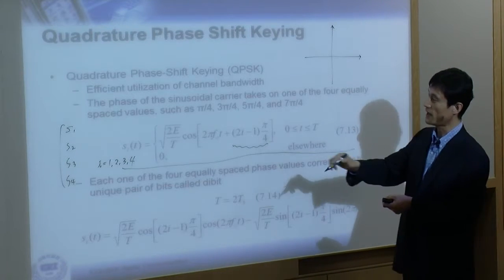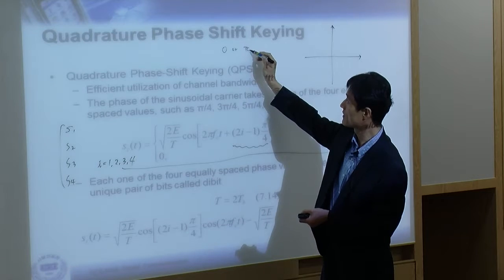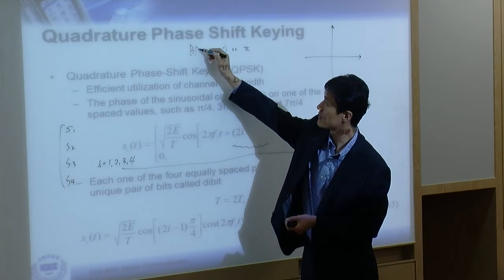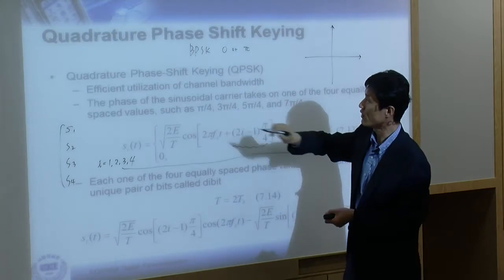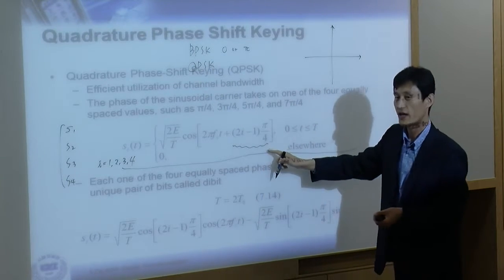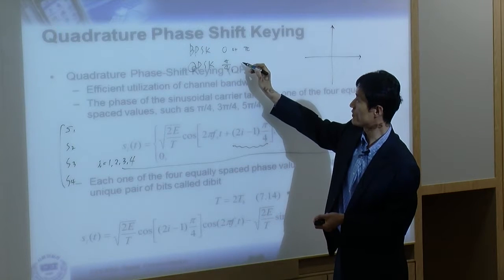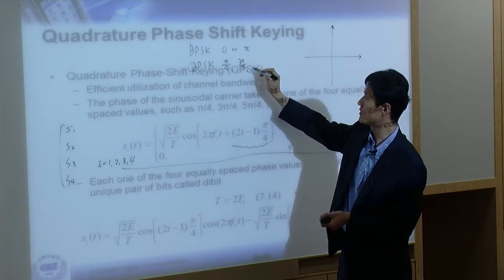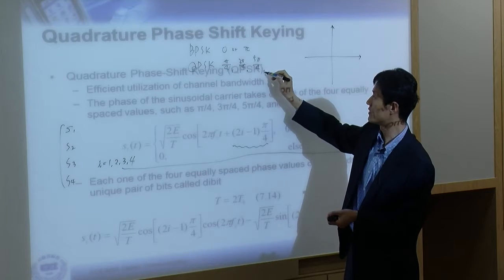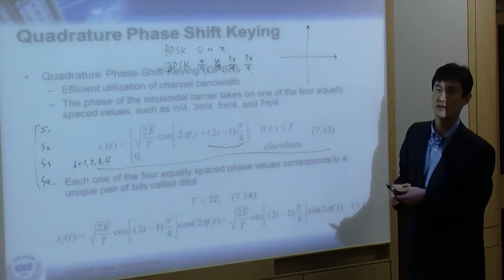In BPSK, right here we have 0 or pi. However, now in QPSK, what we have here is pi over 4, 3 pi over 4, 5 pi over 4, 7 pi over 4. That's the only difference.